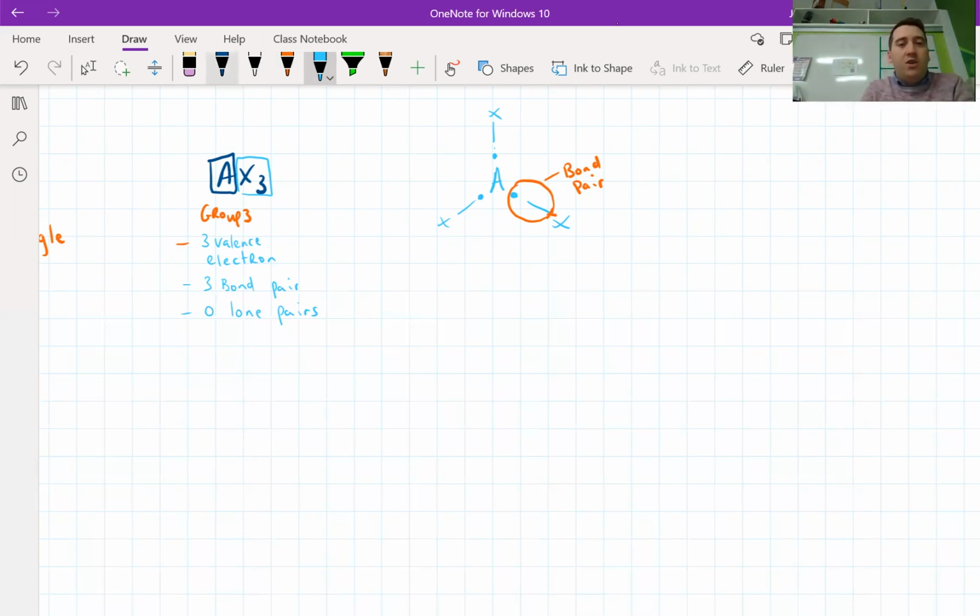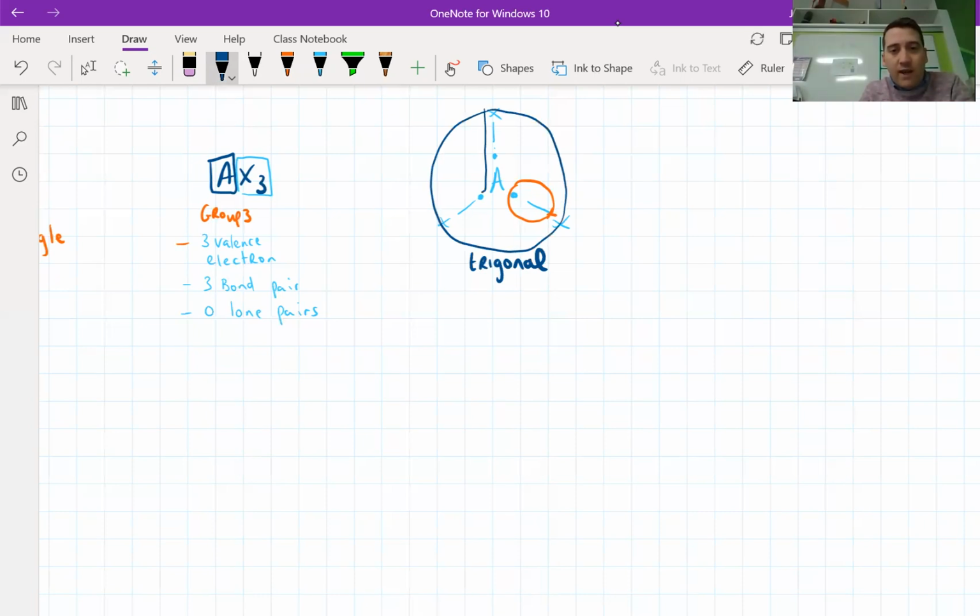The name of this shape is, we call it trigonal, coming from the idea that this is a circle divided into triangles. See that? Divided into 3 triangles. Trigonal, and because it's flat, we say it's planar.